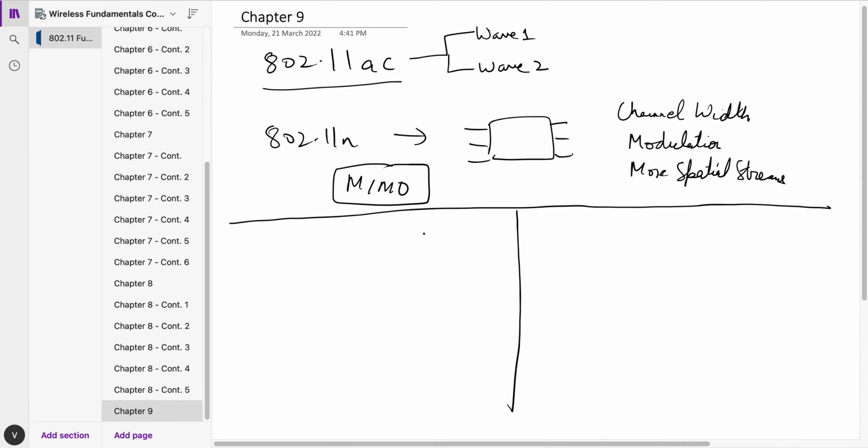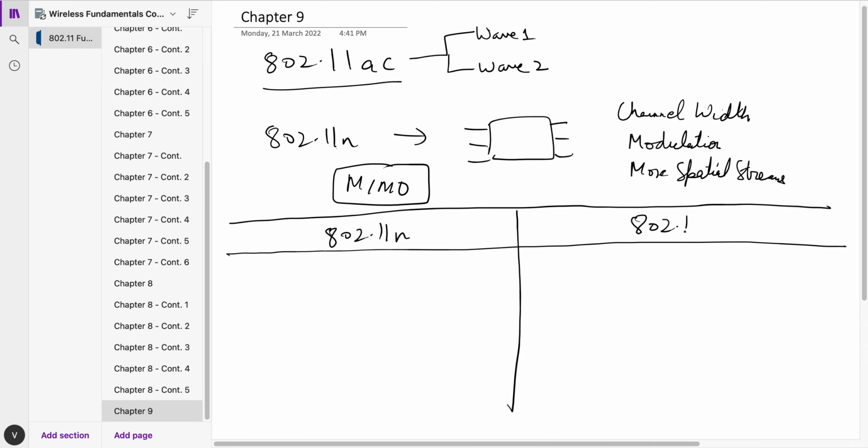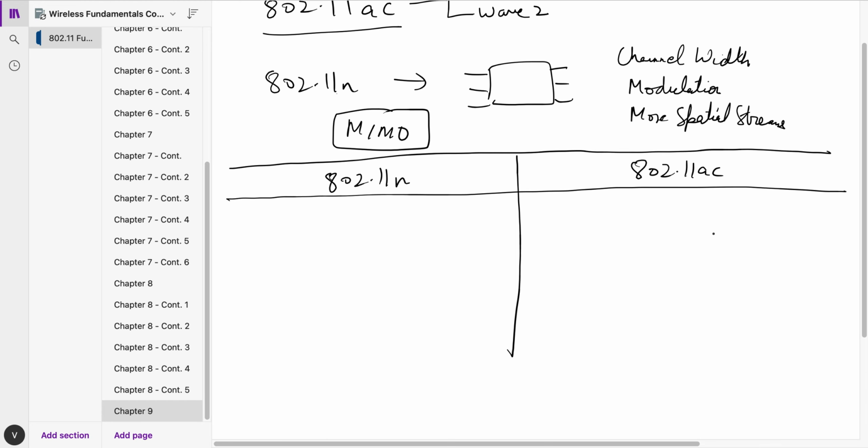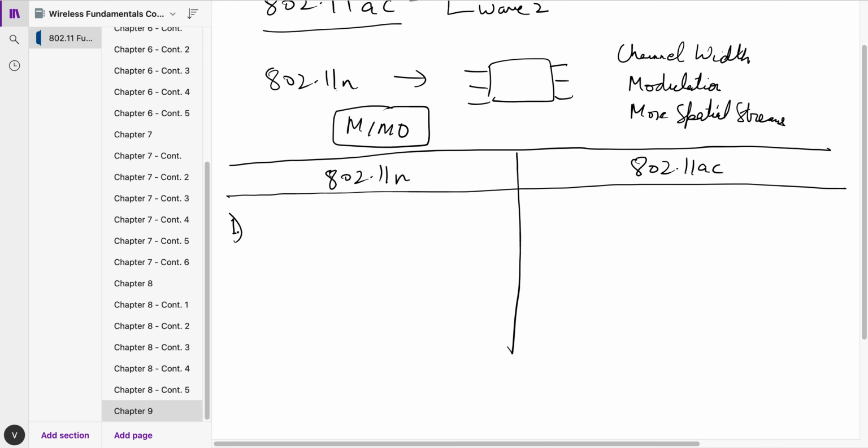Let's see the difference between .11n and .11 AC in a nutshell. The first and foremost is that .11n is in 2.4 gigahertz and 5 gigahertz, whereas .11 AC is only in 5 gigahertz. We do not see the .11 AC protocol in 2.4 gigahertz.